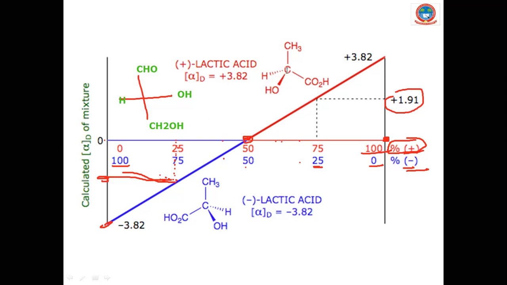If you want, you can find out this rotation also, no problem. What is the rotation? What is the name, R or S? You can label it. Suppose this is one, this will be two, and there is an anticlockwise direction. But the fourth group on the horizontal is what?